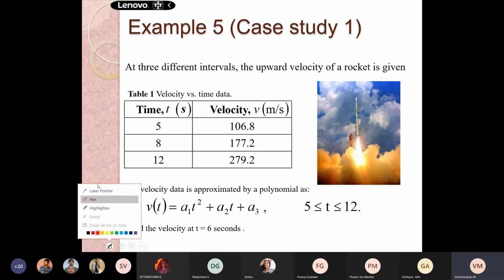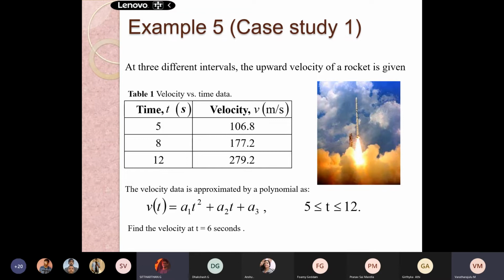Can someone please explain how we can approach this problem? So first we have to find the coefficients. Yes. Which coefficient? Substituting t values. Yes, you substitute the t values and v values in the given equation. Okay, fine. Then what will you get?